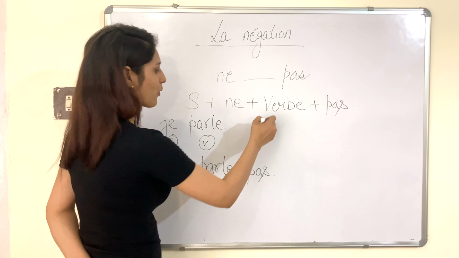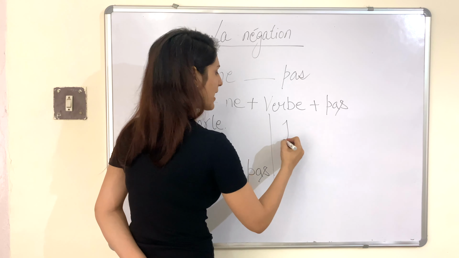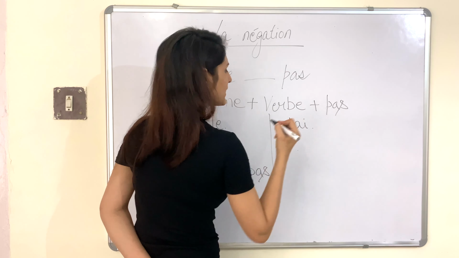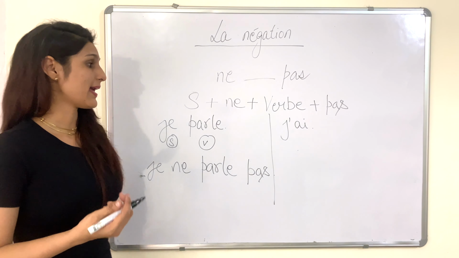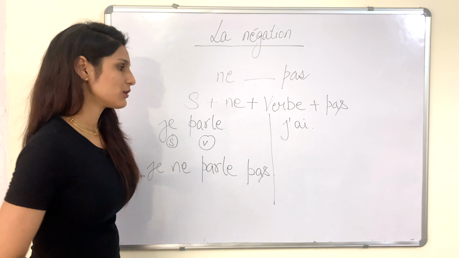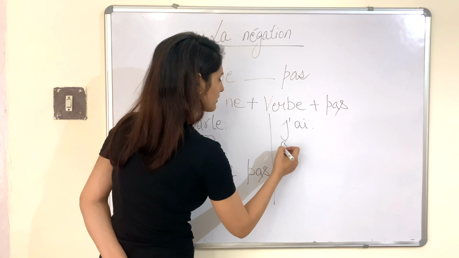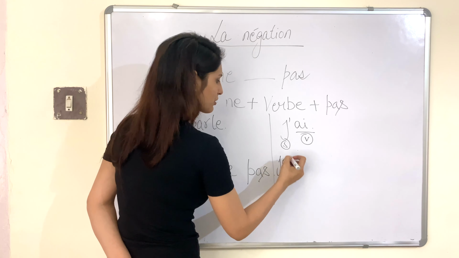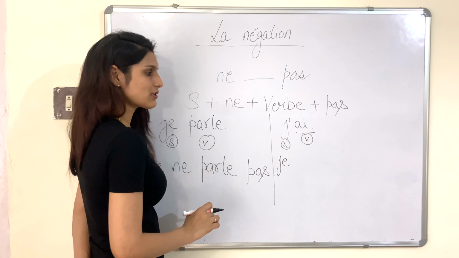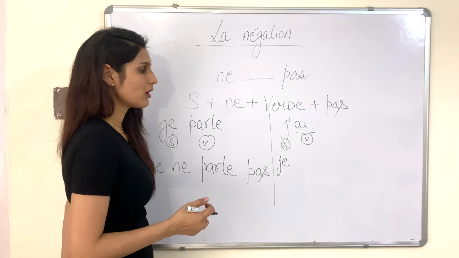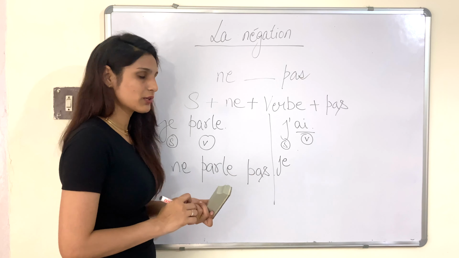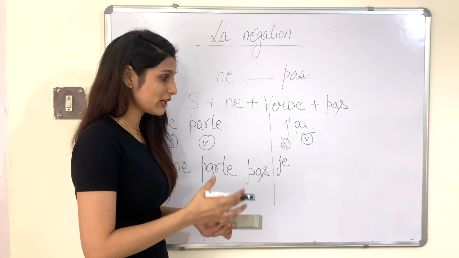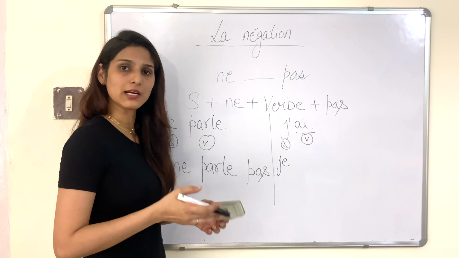Now let's do one more sentence. J'ai, which means I have. I don't have. So this is your subject and this is your verb. So je, why have we written it like this? Because in first person pronoun, you always write your je joined with your vowel starting verb.